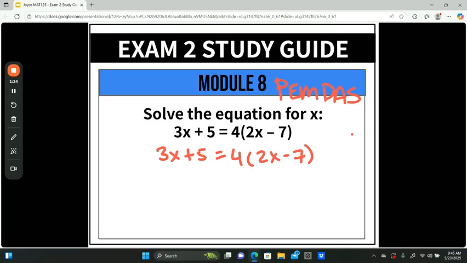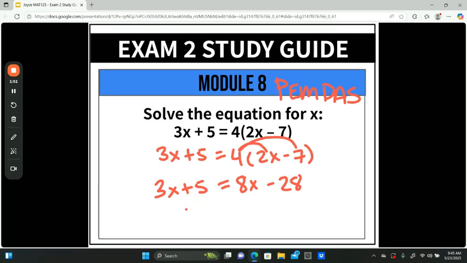Now this is going to tell us the order in which we're going to solve this. So P stands for parentheses. I'm going to start there and distribute this 4 to both the 2x and the negative 7. This is going to give me 8x minus 28. And then the left side's going to stay the same for now.